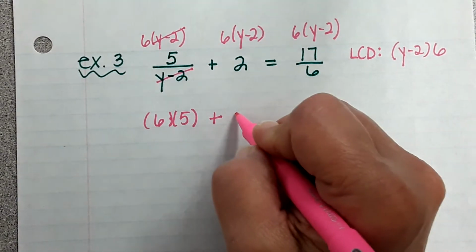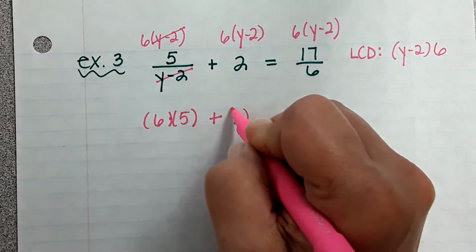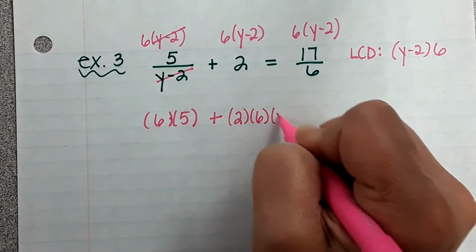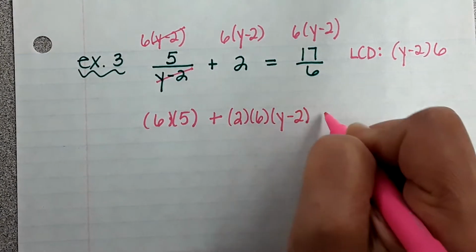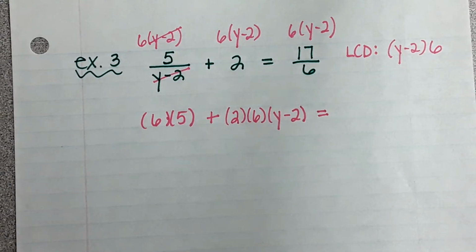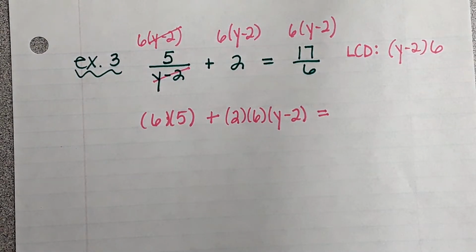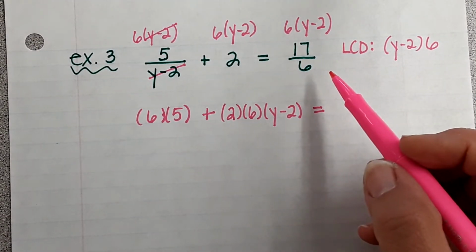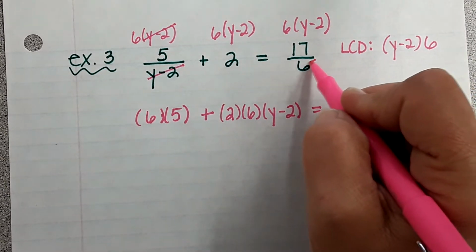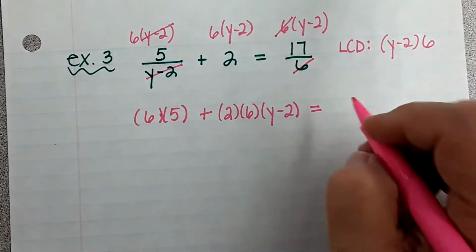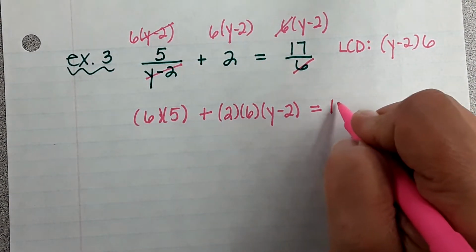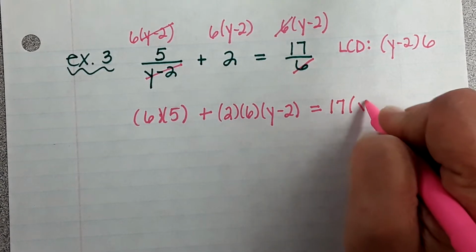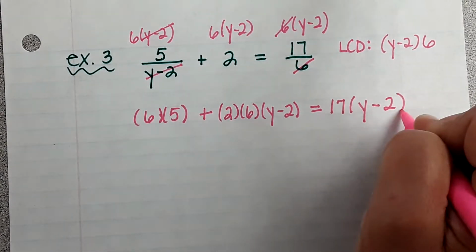So we're going to have 2 times 6 times y minus 2 equals. Because that 2 is a whole number, it just gets multiplied with everything. And then what do we get here? The 6 cancels out, and I'm left with 17 times y minus 2.